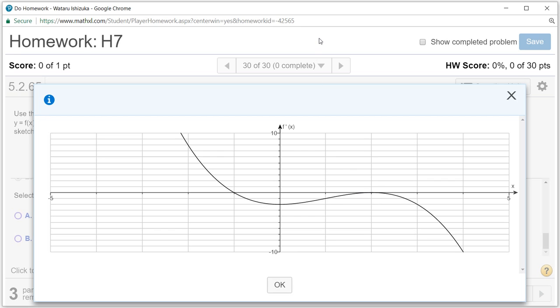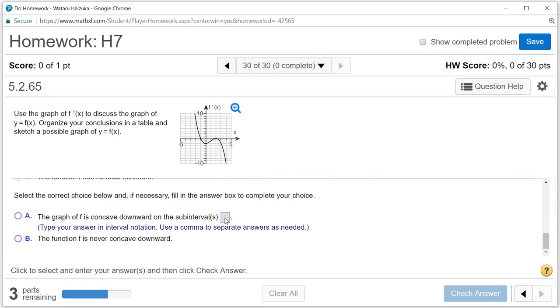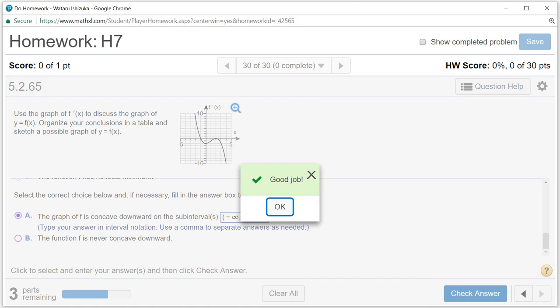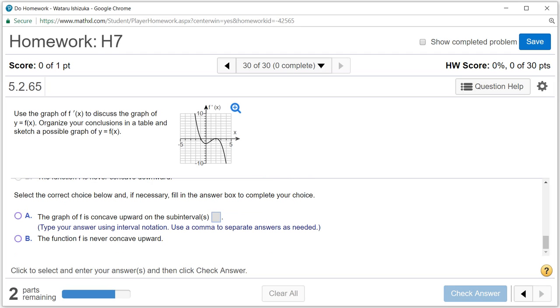So we should put the interval from negative infinity to 0 and 2 to positive infinity. Let's check the answer. We got that.